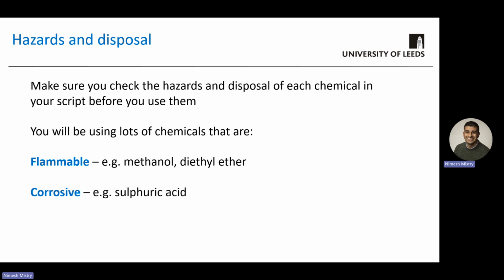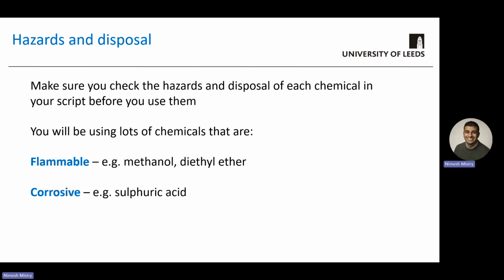This is a main summary of the hazards that you're using. So you're using quite a lot of methanol and diethyl ether as solvents in this experiment, and they're very highly flammable. And obviously you're going to be heating the methanol under reflux as well.